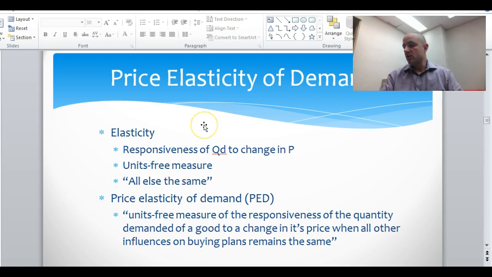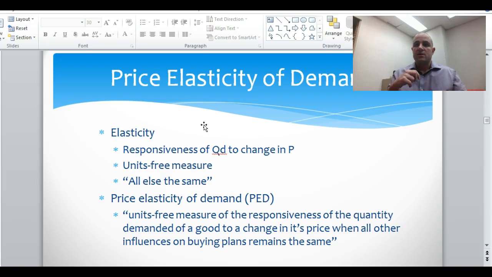Now, this is what we call a units-free measure. For example, let's say that price went from 1 to 2 and quantity demanded went from 99 to 100.